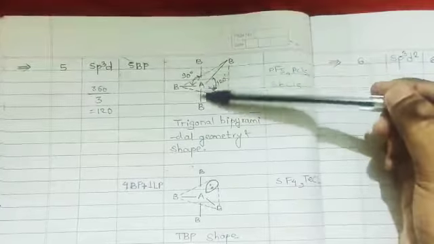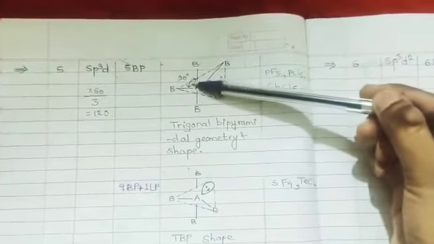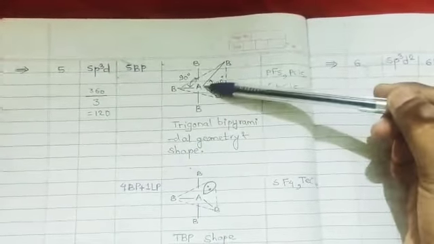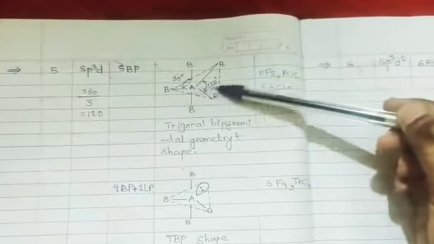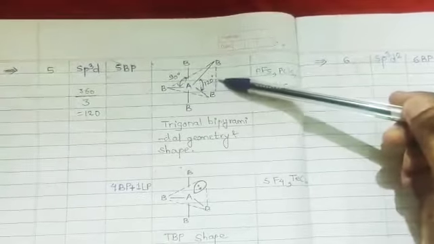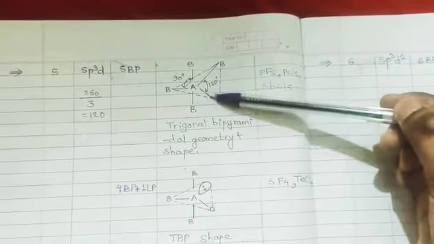For this axis, the bond angle is 90 degrees, and for the angle between BAB for this axis, it comes 120 degrees.